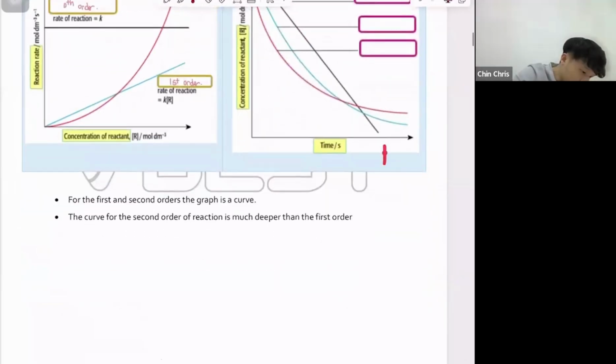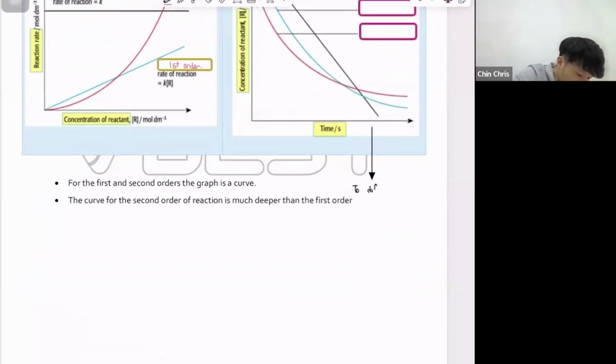Identify the key trick, especially in your P5. Some of you have done it already. To differentiate a first or a second order, guys, how do you differentiate them?